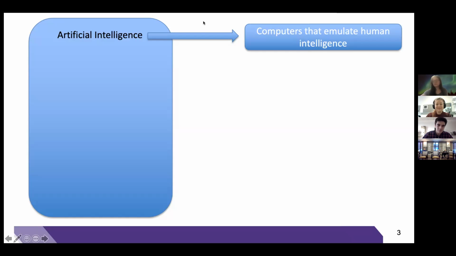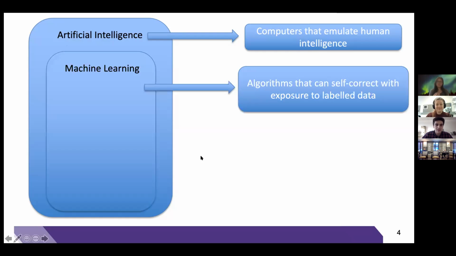So, like I said, that's really a catch-all term, but probably the type of artificial intelligence that we hear about the most is machine learning. And machine learning is a more well-defined concept. The idea of it is to create an algorithm that can self-correct to become better at whatever its task is.